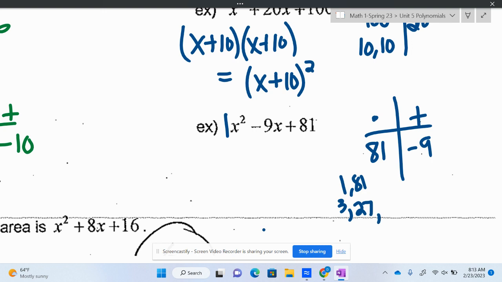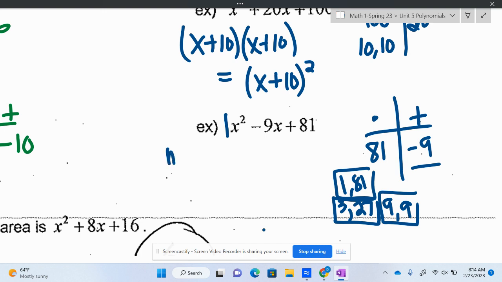It's not divisible by 4, 6, or 5. The only other factor is 9 and 9, right? Is there any combination of these factors that is going to give me a sum of negative 9?